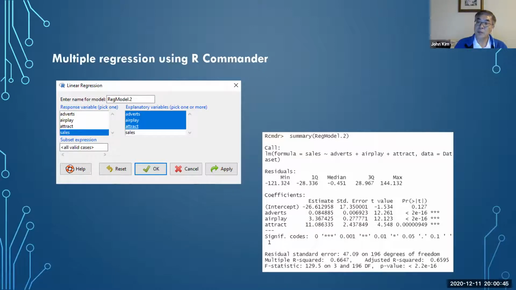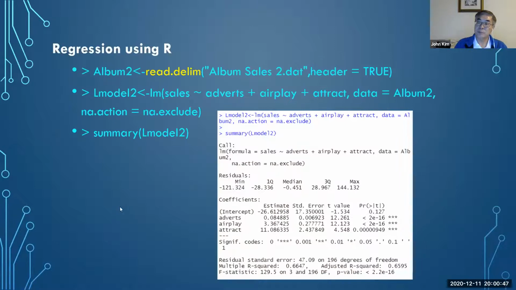Then we can use regular R. So we need another data set, the same, with delimited data. The data set name is this one.